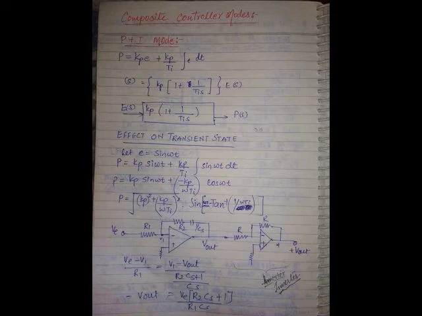P is equal to Kp sin omega t plus Kp by Ti integral of sin omega t dt. This is Kp sin omega t. This becomes minus Kp by omega Ti cos omega t.